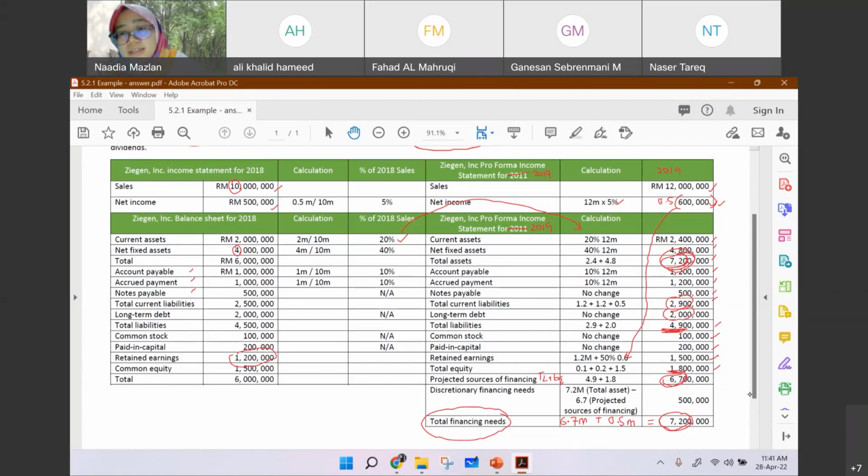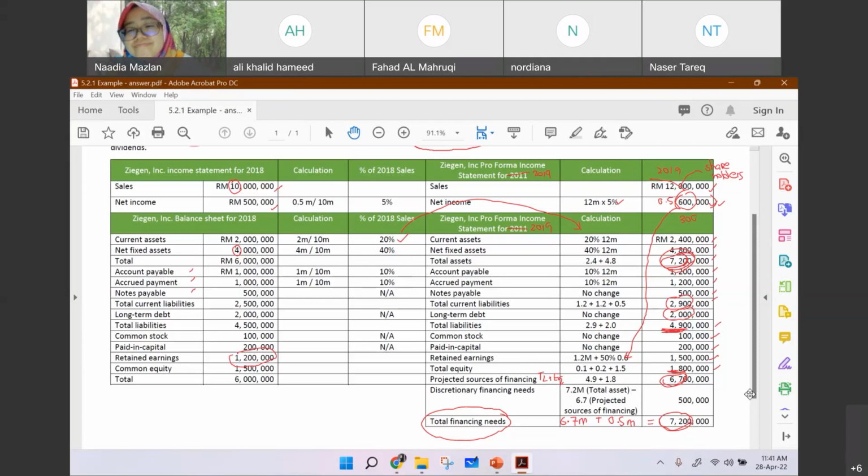But that's my answer actually. The 600,000 is being divided twice because one part they are going to pay to the shareholders. They might not have 600,000, they might have only 300,000. Right, Ganesan?